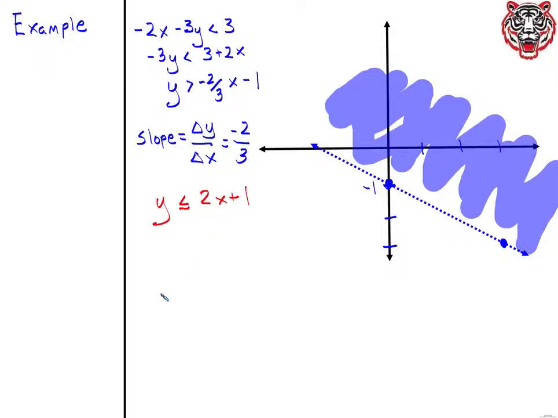All right, so go ahead and graph them. 2x plus 1, so there's 1. 2x means up 2 over 1. Get your 2 points.